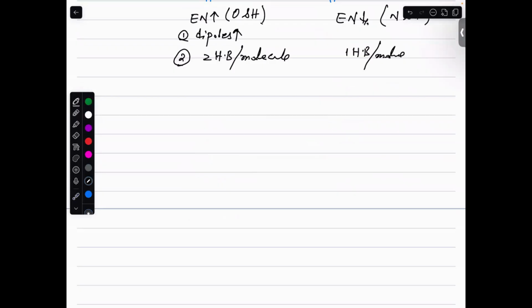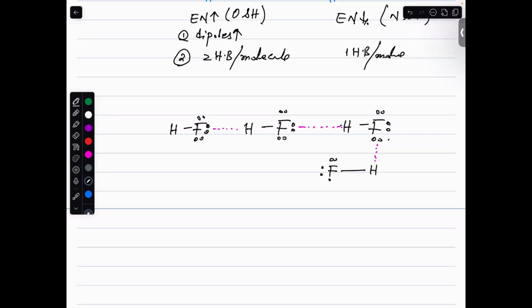Look, suppose I have 5 HF molecules. It has a large number of lone pairs, but hydrogens are very small in number: one hydrogen and three lone pairs.